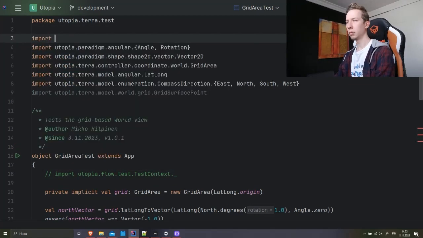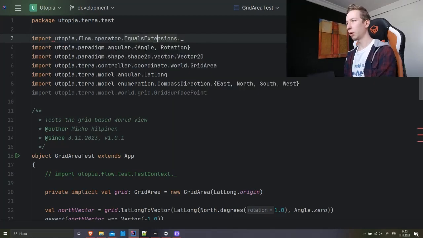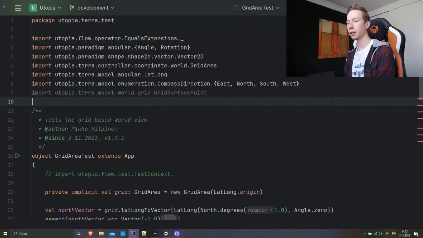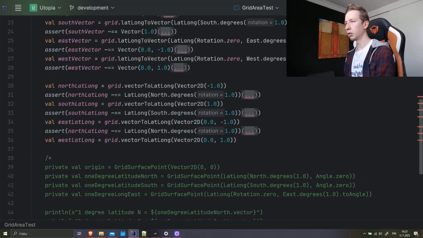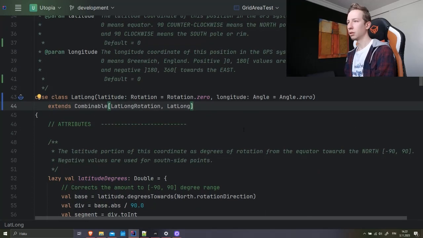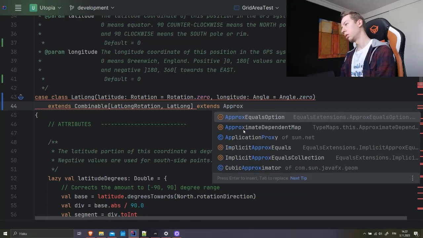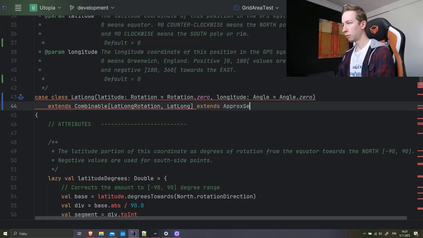So import equals extensions. This is to enable us to use this. Let's see if lat long even extends. Yeah, it doesn't extend. So extends approx equals, approx self equals in this case. Approx self.